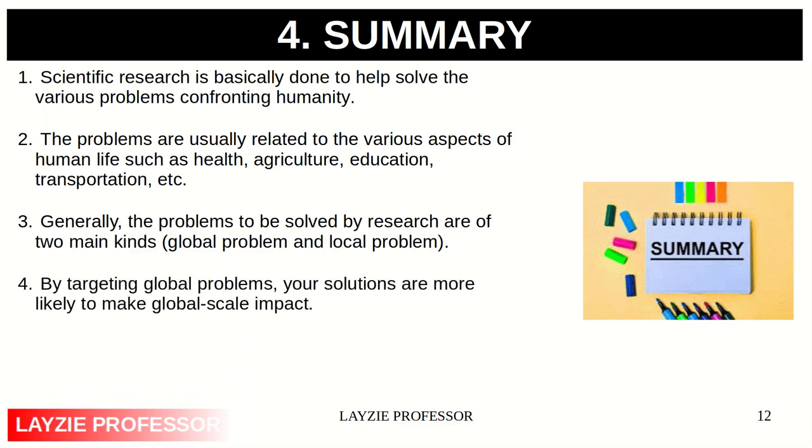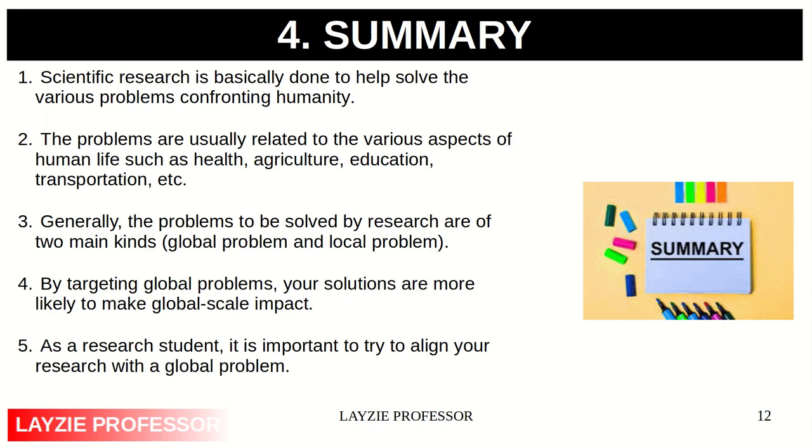And for a research student, by targeting global problems, your solutions are more likely to make global scale impacts. The solutions are more likely to make an impact that moves beyond the country where you live. As a research student, it is important that once you begin to embark on your research, you try to align your research with a global problem so that you can actually make an impact across the world.